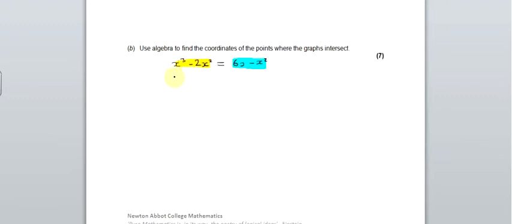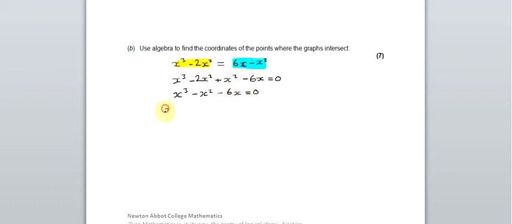So we've got x cubed minus 2x squared plus x squared minus 6x equals 0. It should be an x, shouldn't it? And we'll simplify that up a bit. x cubed, and then we've got minus x squared minus 6x equals 0.